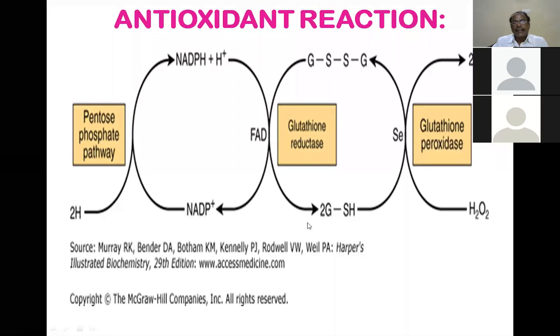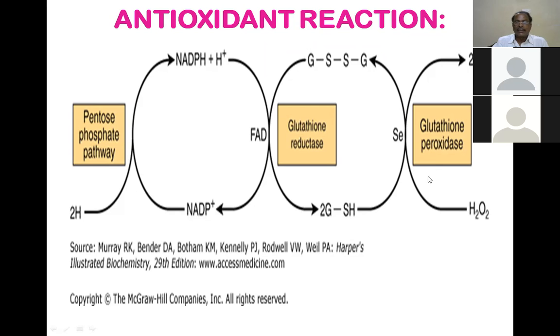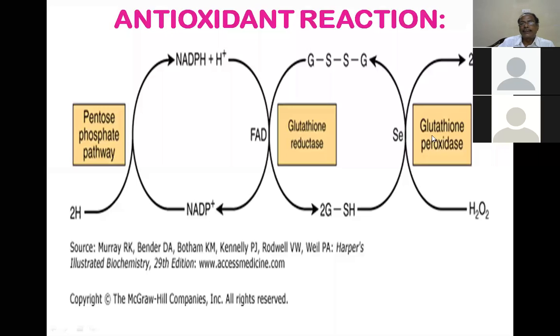Now, this reduced one, what is the next action? The reduced one is used for glutathione peroxidase enzyme. Glutathione peroxidase enzyme is having the selenium as the associate.